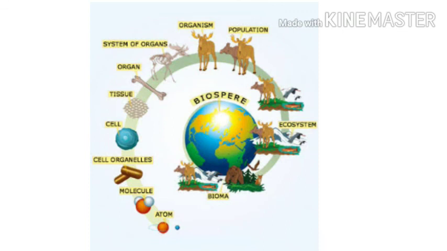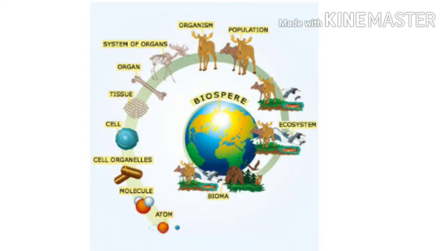Next we are going to study the levels of organization. This picture shows the levels of organization from atom to community. That is atom. We know what an atom is. It is the smallest particle. So atoms combine to form molecules. Molecules combine to form cell organelles.